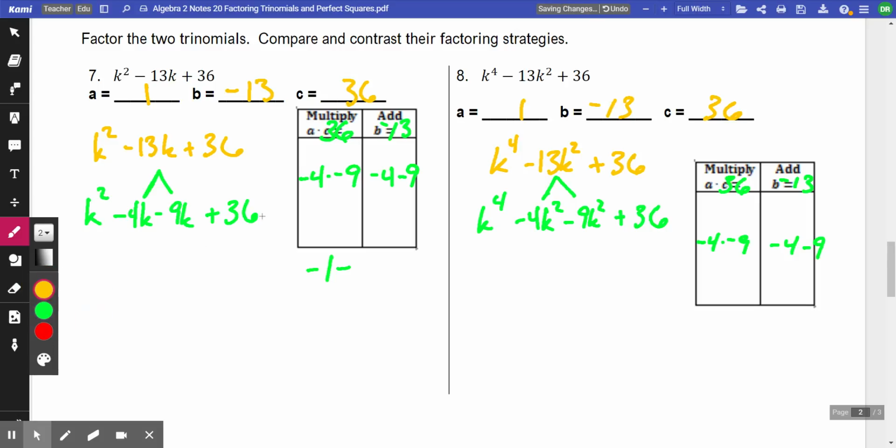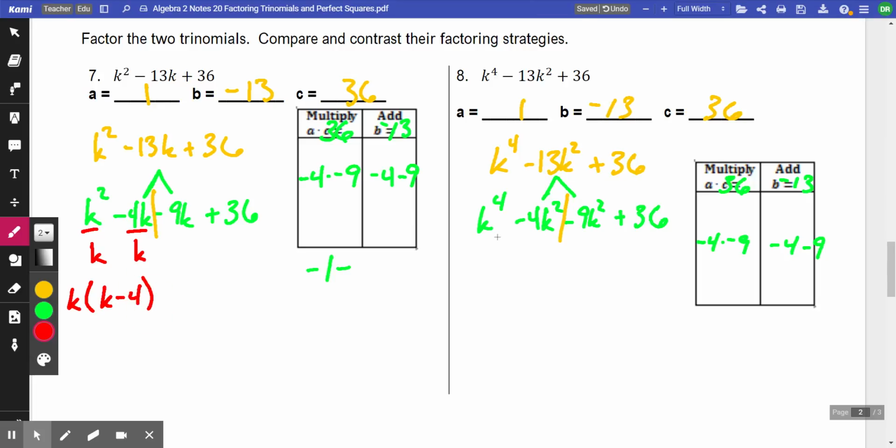And we see that we have four terms now, so we can split this into two halves. And we just look for what it is that the halves have in common. So in this case, both halves can be divided by k. And when we do that, we can rewrite it as k times k minus 4.